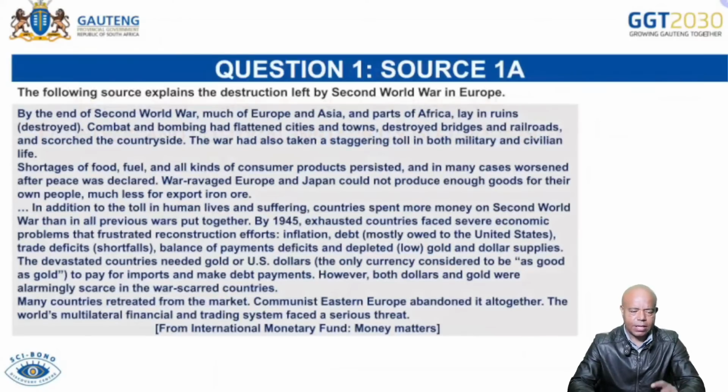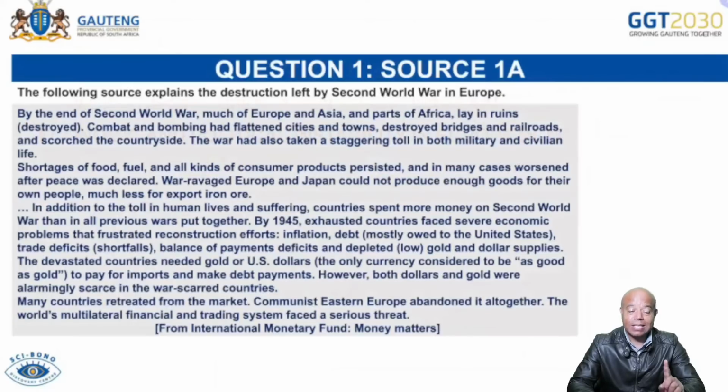In addition, take note, learners, in addition to the toll in human lives and suffering, countries spent more money on the Second World War than in all previous wars put together. By 1945, exhausted countries faced severe economic problems that frustrated reconstruction efforts: inflation, debt, most owed to the United States, trade deficits, shortfalls, balance of payments deficits, and depleted gold and dollar supplies.